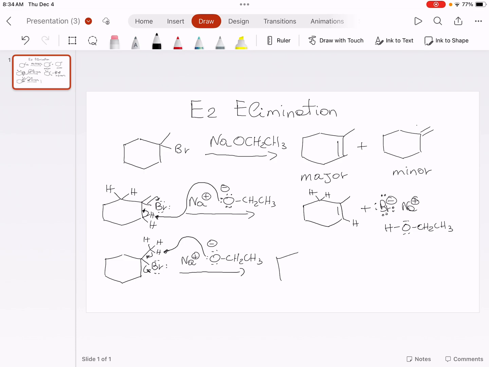So this gives rise to the other product in the reaction, which is this alkene here, plus the same byproducts. We got Br minus, sodium, and we have the alcohol.